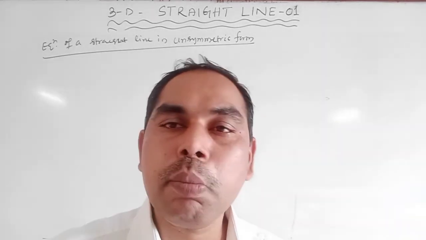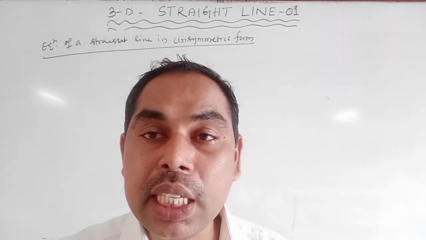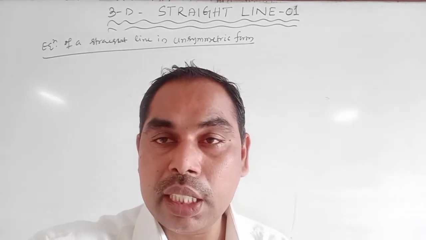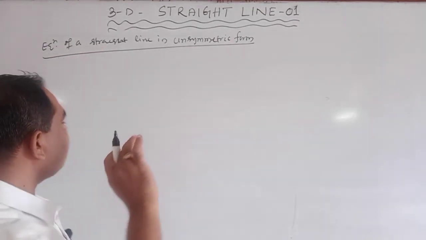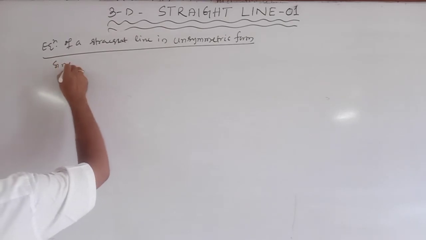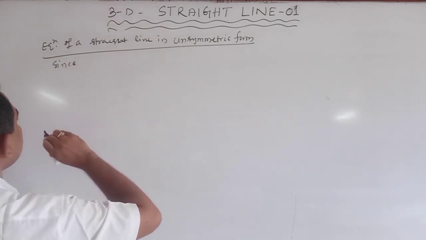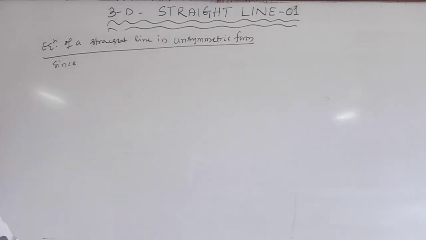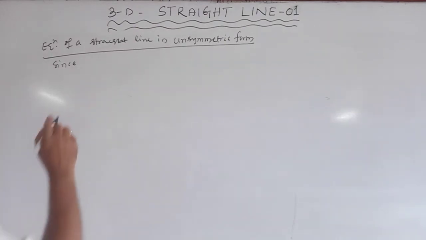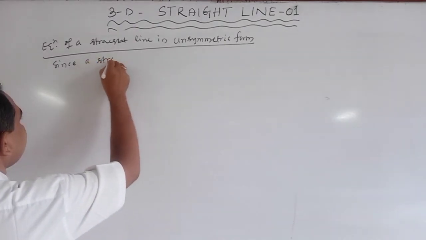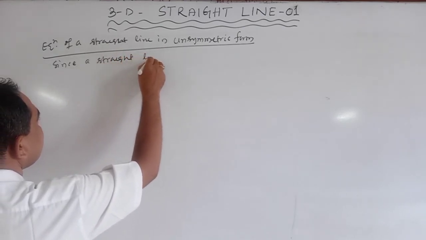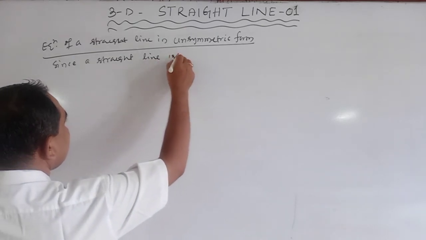The combined equation of two planes represents a straight line, and this is called the unsymmetric form of a straight line.